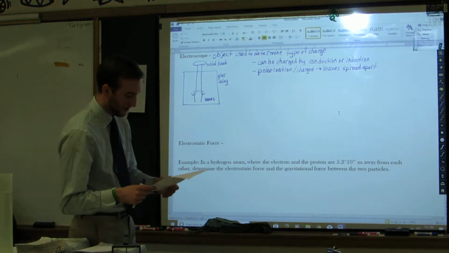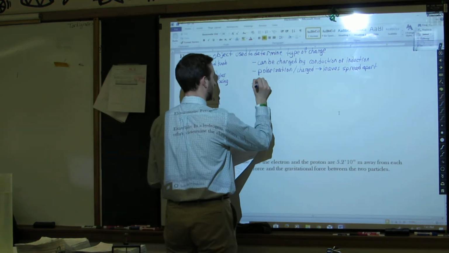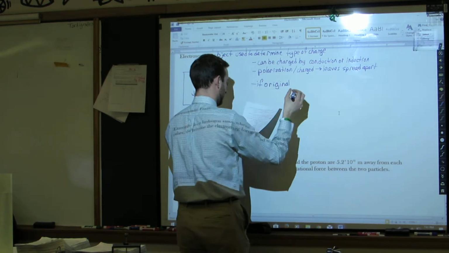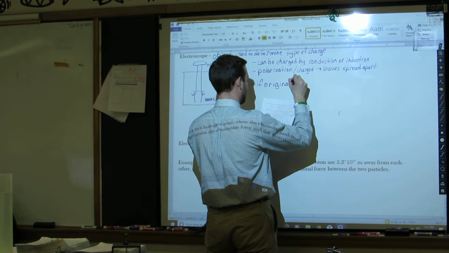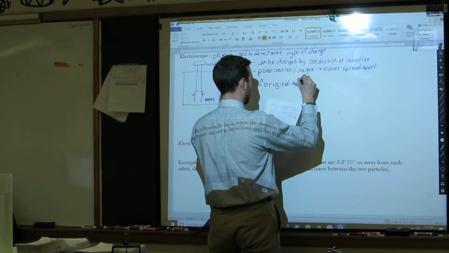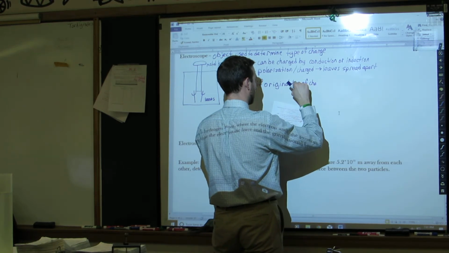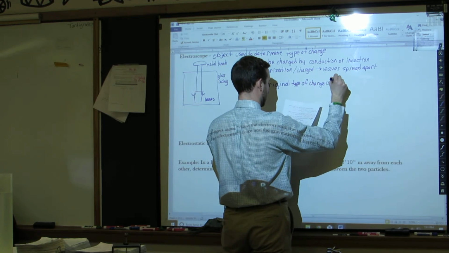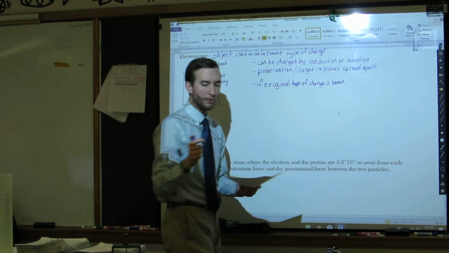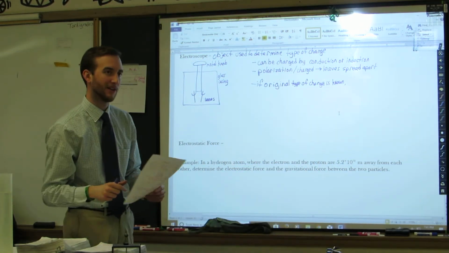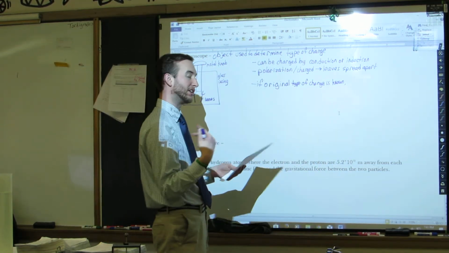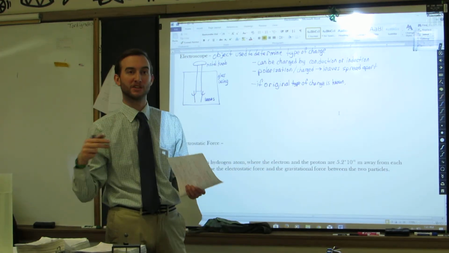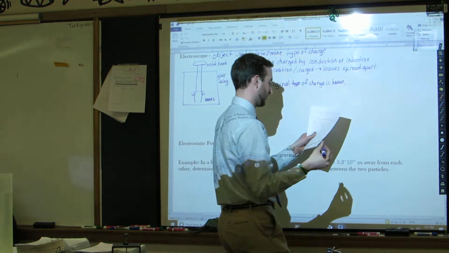So, if the original type of charge is known, so if you know what type of charge is right now on the electroscope when the leaves are spread out, based on what it does, you can determine whether a negative or positive object was brought near it, like a second object, okay?